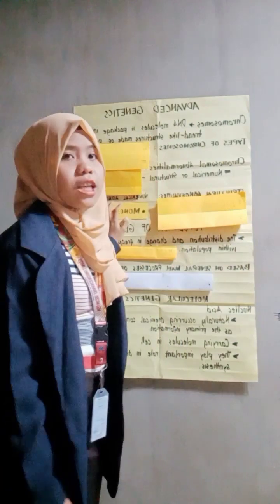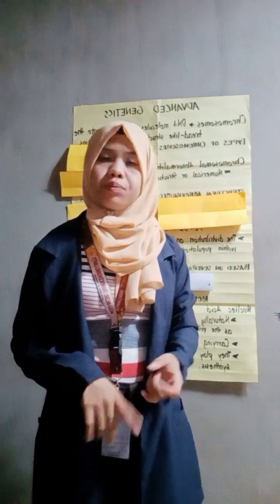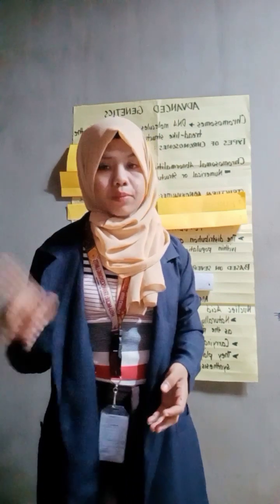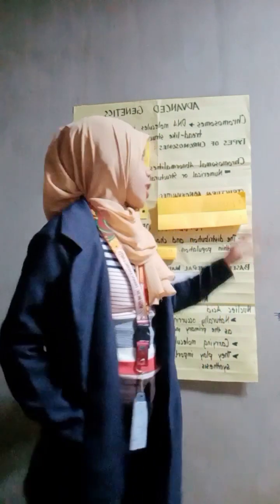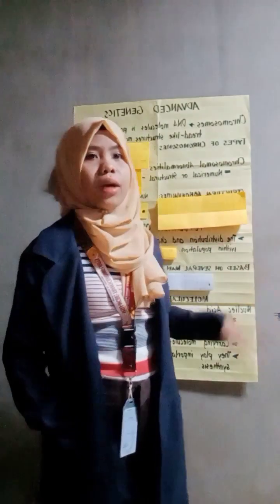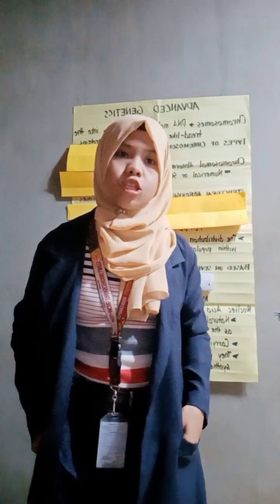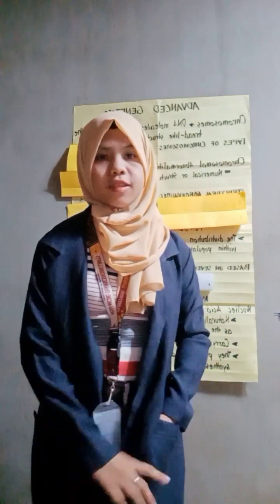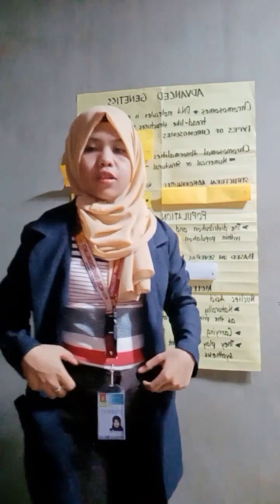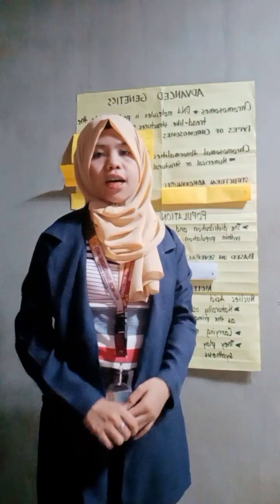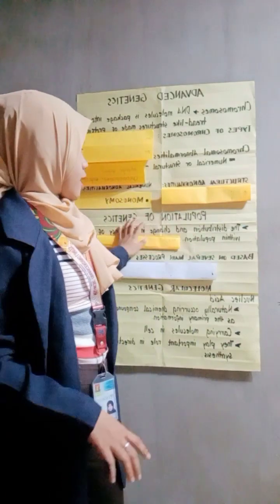Simply because numerical abnormalities are whole chromosomes, either missing or extra to the normal pair, while structural abnormalities are when part of a chromosome is missing, extra, switched to another chromosome, or turned upside down. Understood?